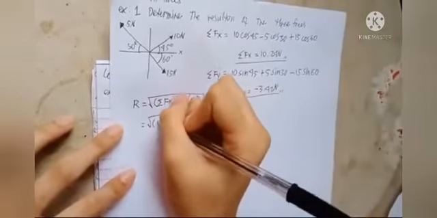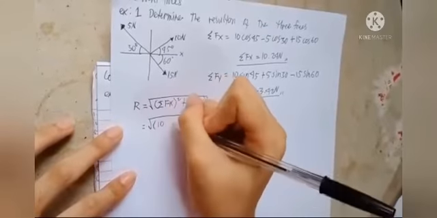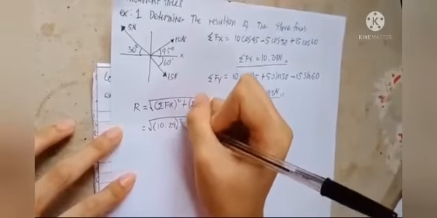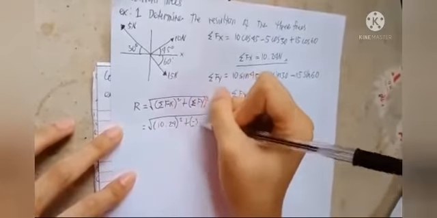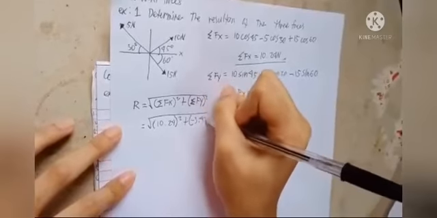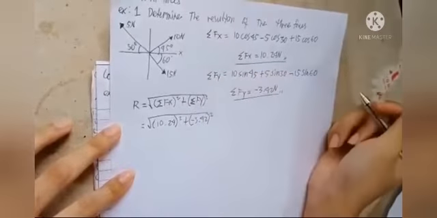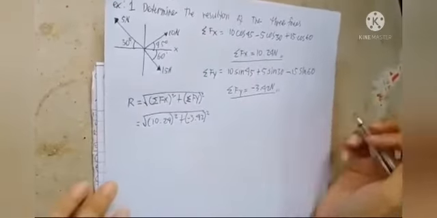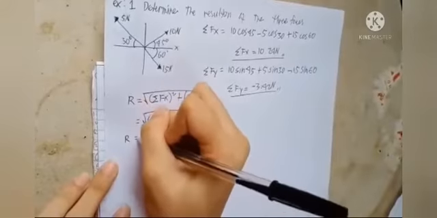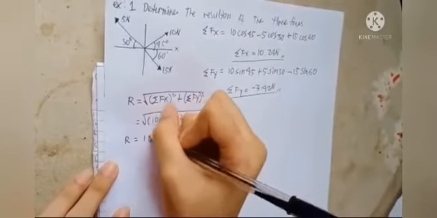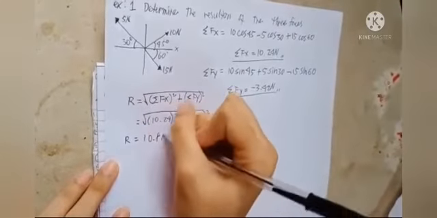And then 10.24 squared plus negative 3.42 squared. Then solve. Then the resultant is 10.8 Newton.